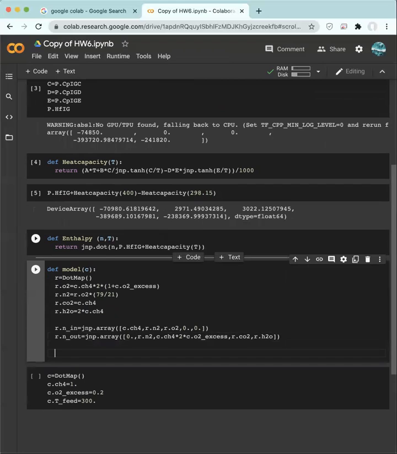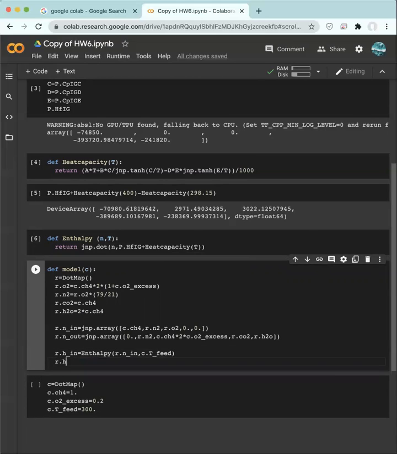So now that we know about the moles going in and out, we're going to focus on the enthalpy. So we're going to represent that by H. So R dot H in. We're going to use the function that we made earlier for R dot N in and C dot T feed, because it is dependent on moles and a temperature.